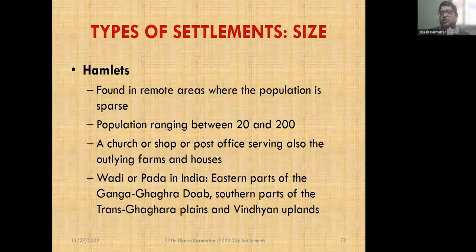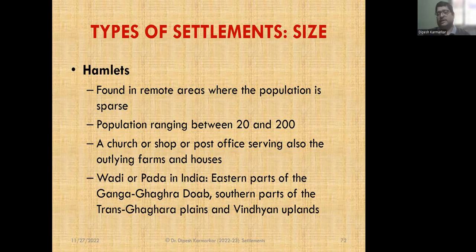As we proceed from one type of settlement to the next in terms of size, we'll find that the population will increase and the number of houses also will increase, because here we are talking about types of settlement based on size. So hamlets are usually found in remote areas where the population is less, but it is not as less as the population in isolated settlements.